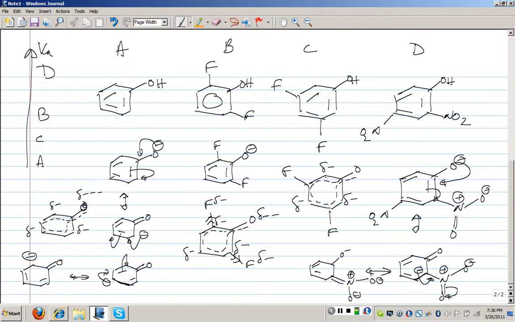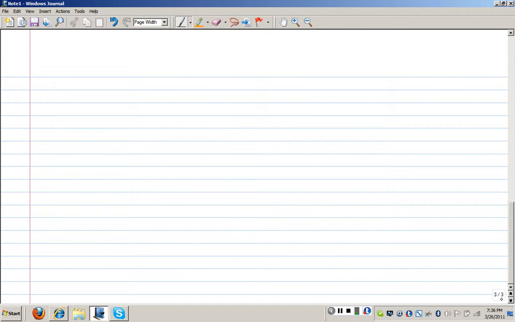In fact, it turns out that if you look at a series of phenols, phenol itself is actually only a modest acid. But if you place the nitro group on the phenol, so you look at O-nitrophenol, this is ortho-nitrophenol, O-nitrophenol obviously is a stronger acid than phenol.